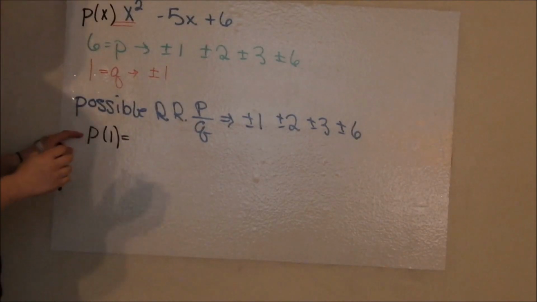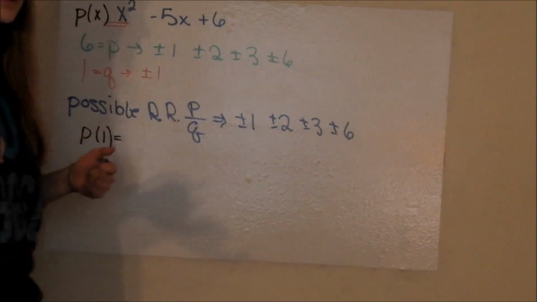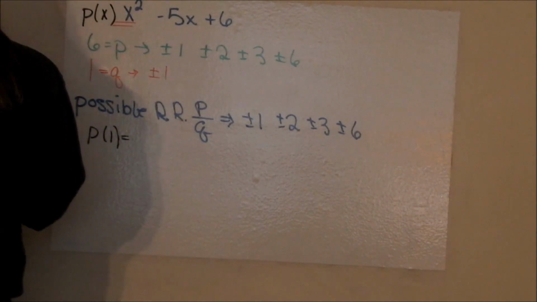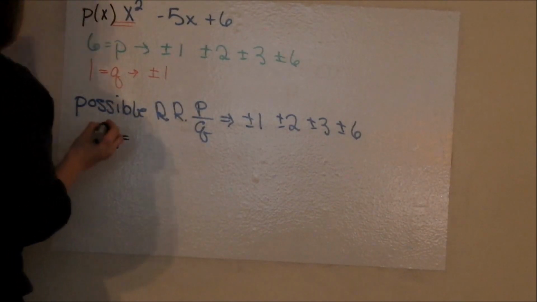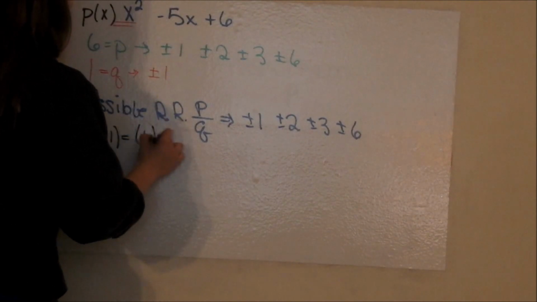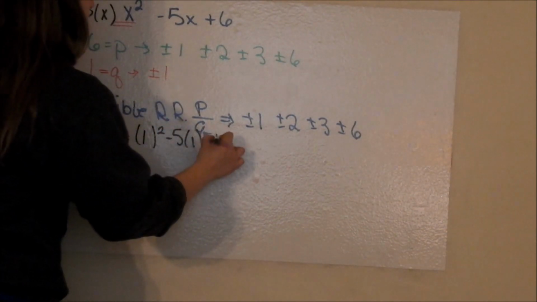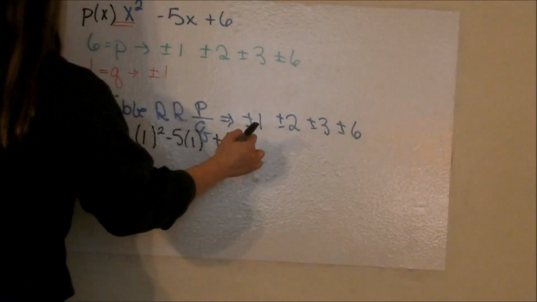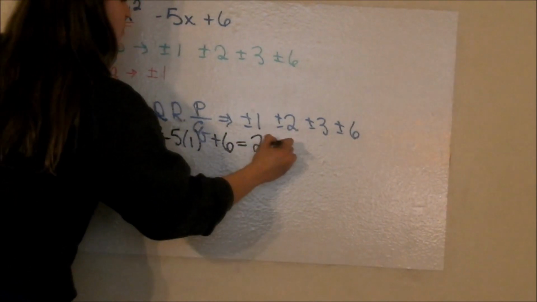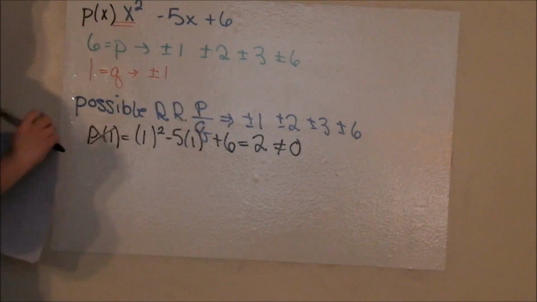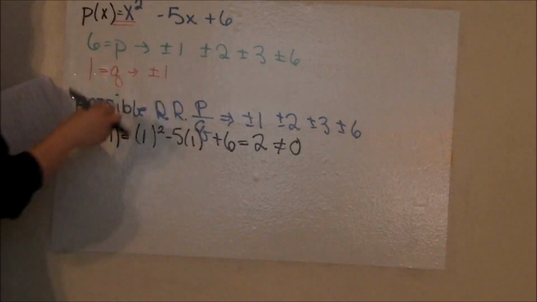And we want to make sure this equals 0, because if it equals 0, then it's going to be a root. So P of 1 is going to be 1 squared minus 5 times 1 plus 6 equals 2, which does not equal 0. So 1 is not a root of this equation here.